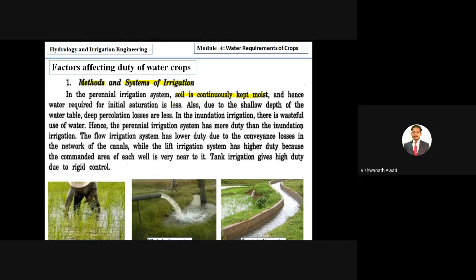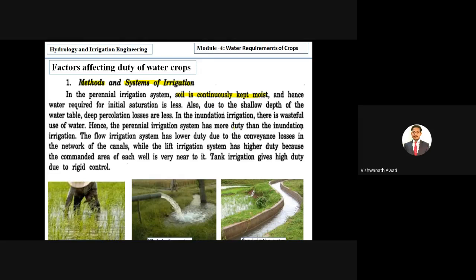Also, due to the shallow depth of the water table, deep percolation losses are less. In inundation irrigation, there is a wasteful use of water. Hence, a perennial irrigation system has more duty than inundation irrigation.